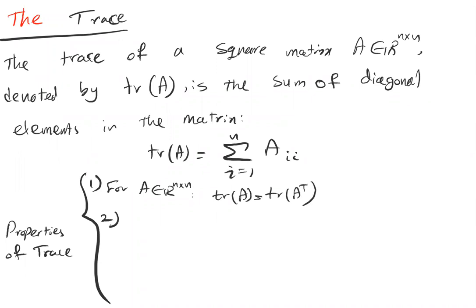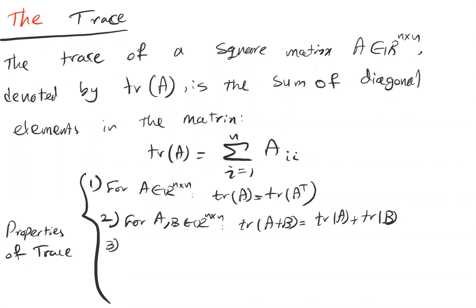Second property, for matrices A and B, which are both n by n, trace of A plus B is equal to trace of A plus trace of B. Third property, again, for A, which is n by n, and t, which is a real scalar, trace of t multiplied by A is t multiplied by trace of A.